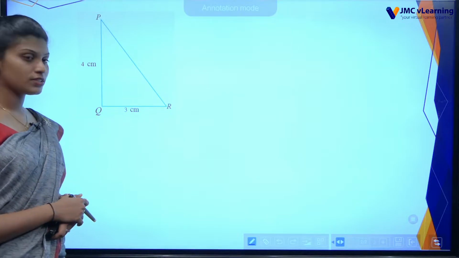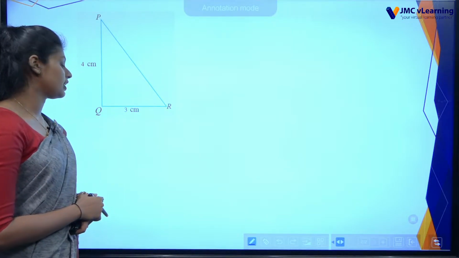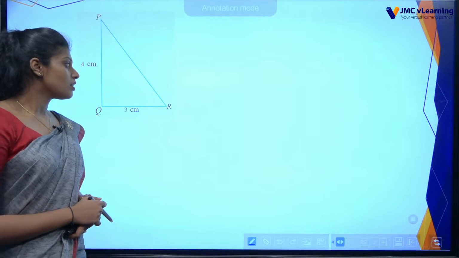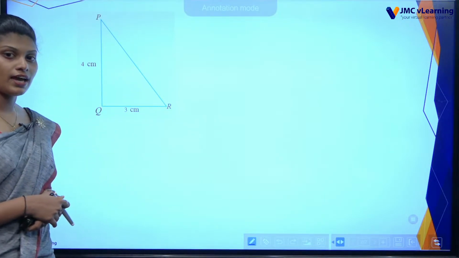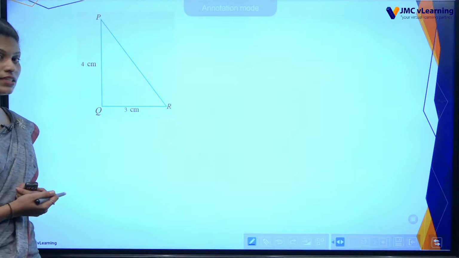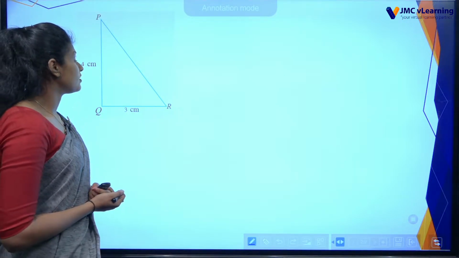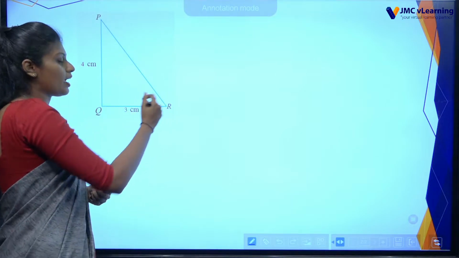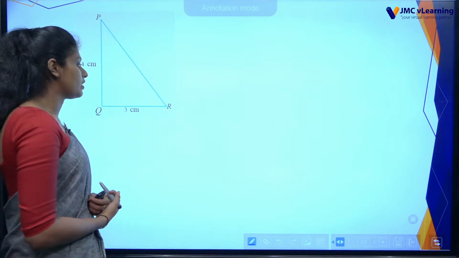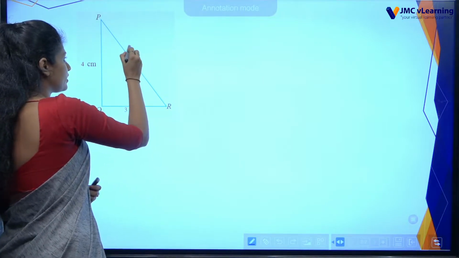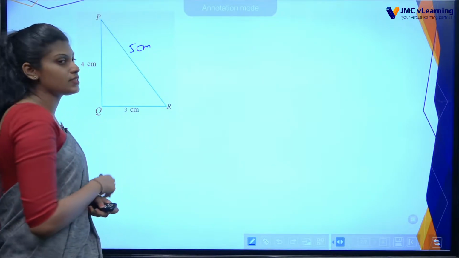PQ length is 4 cm, QR length is 3 cm. Now, all of you draw the triangle with the right angle, measuring each length. Then join points P and R. So, what is the length of PR? All of you can take it as 5 cm.